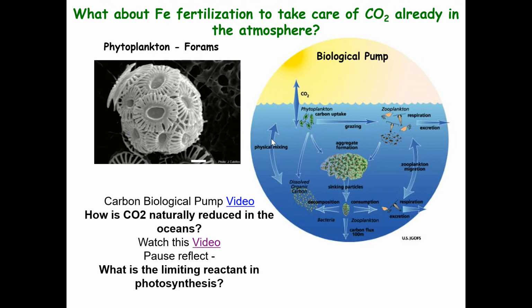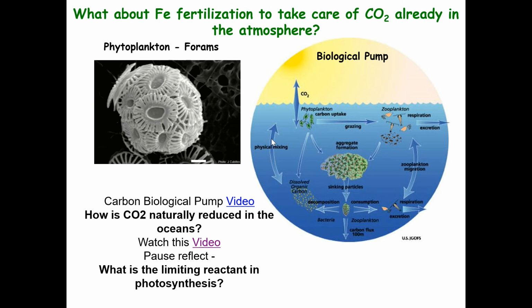Again, what's the impact? I have to dump finely milled iron into the ocean so that it can react with the acid and try to make it where we have less acid in the oceans. It is a possible solution.